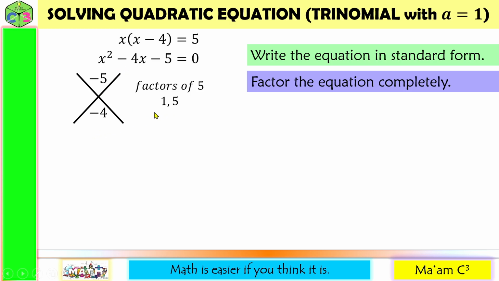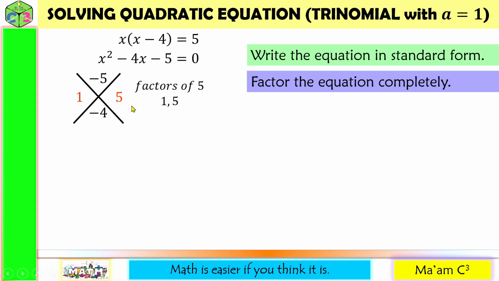Now, since I only have one pair of factors, I'm going to write this on both sides, left and right, 1 and 5. Here is the tricky part. You're going to think of the signs of your factors. It should give you a product of negative 5, meaning one of these should be negative.